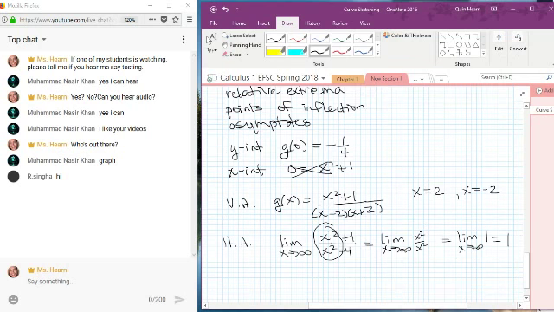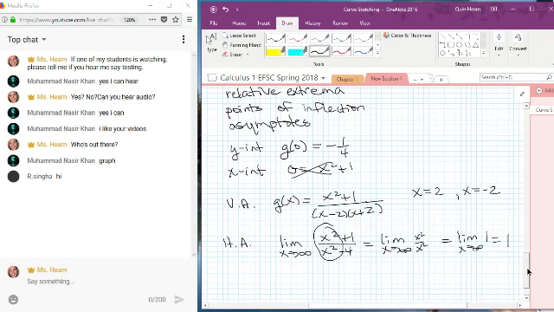So in general, when you have a rational function, if you have the same degree in the numerator and denominator, the ratio of the coefficients of the highest degree is your horizontal asymptote. So we have a horizontal asymptote y equals 1. It would work out the same if x was going to negative infinity.